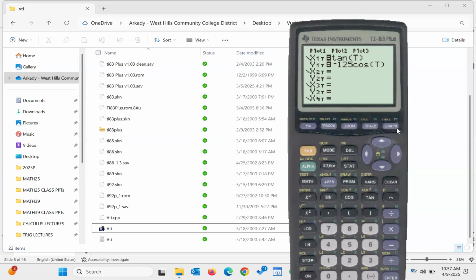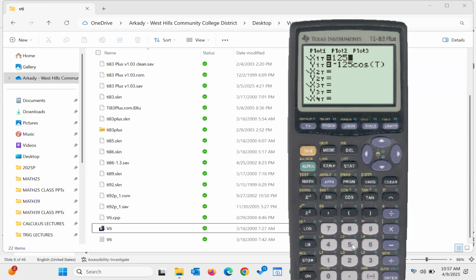Mine went up. Negative cosine, and it went up. Okay, real quick, let me try tangent. Let's see what tangent does. Because it should just be, whoa, what's there? It's actually going up. Oh, that's right. It's only one tangent. Sorry, let me go back to 125 tangent.